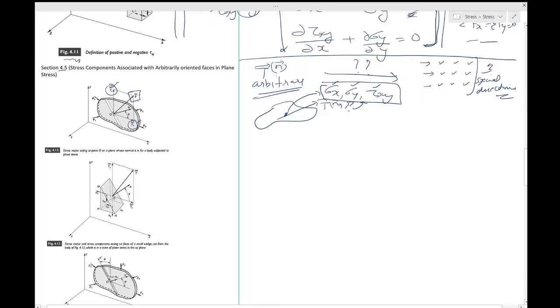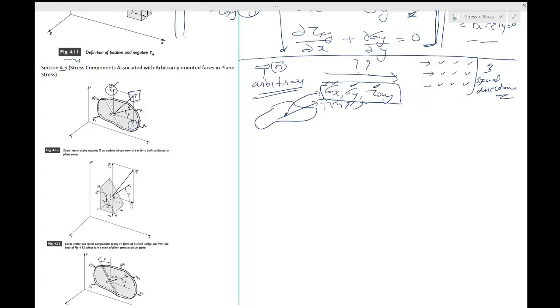Because if you find them, then you have this vector. That is what we want to investigate now, obviously in terms of sigma x, sigma y, tau xy, and clearly theta, which is the angle this normal has with respect to the x-axis. So let's start with that and look at figure 4.13.